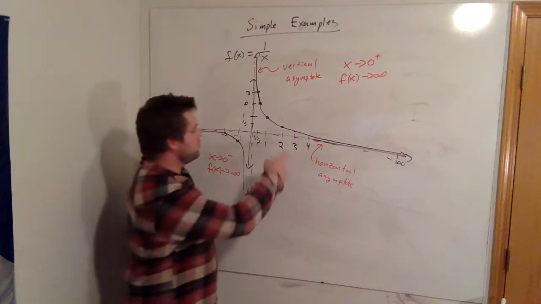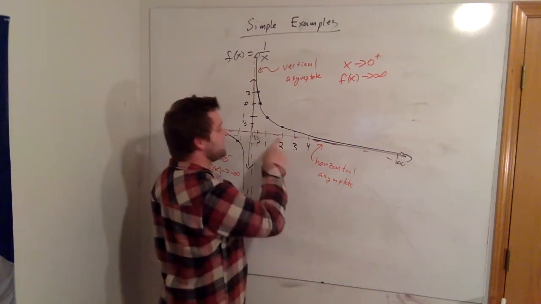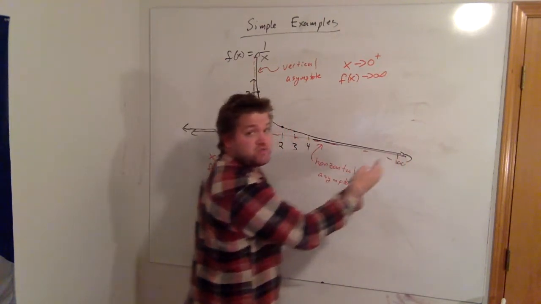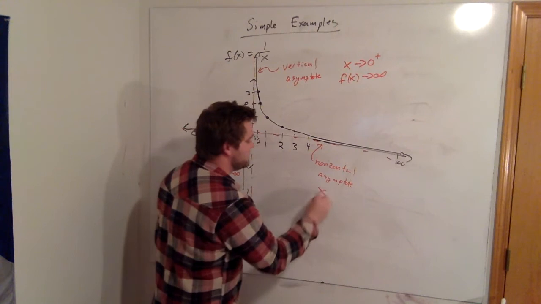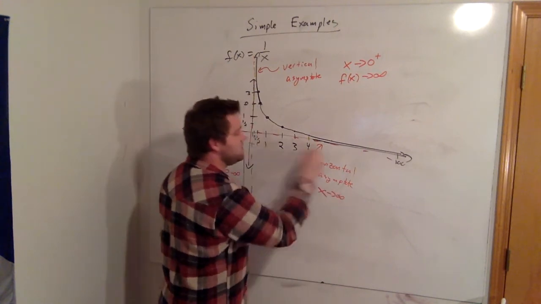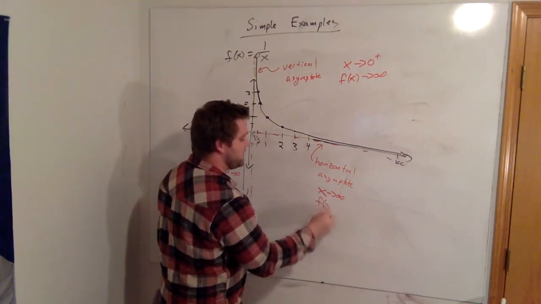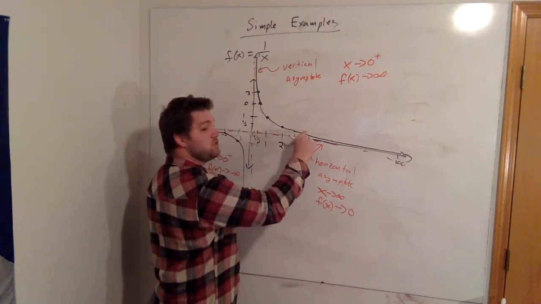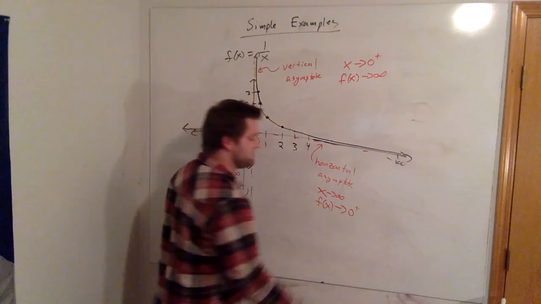Similarly for the horizontal asymptote, this has to do with what's happening when I'm plugging in large values of x. So I could say as x goes to infinity, my function f of x is getting closer to 0, but it's getting closer to 0 from the positive side.